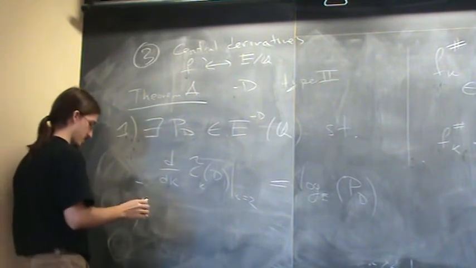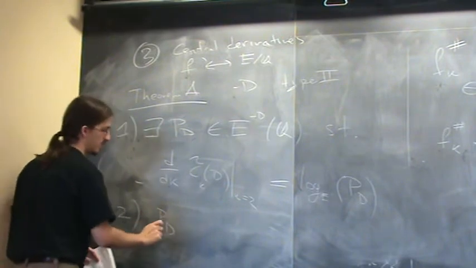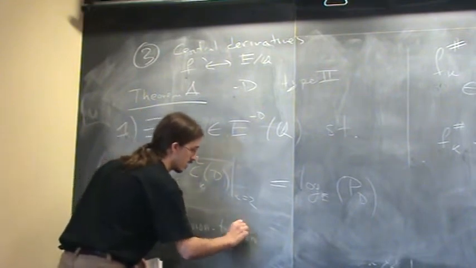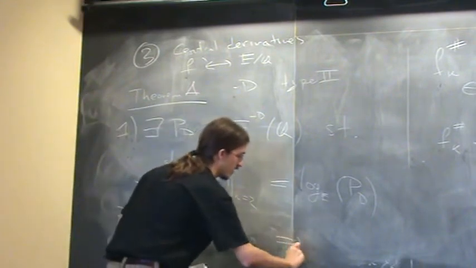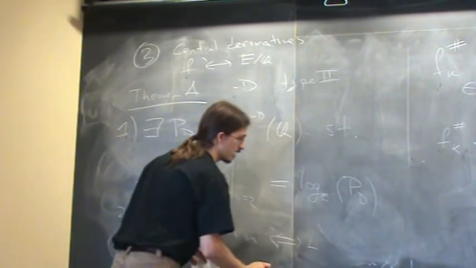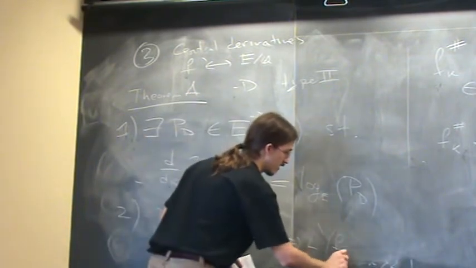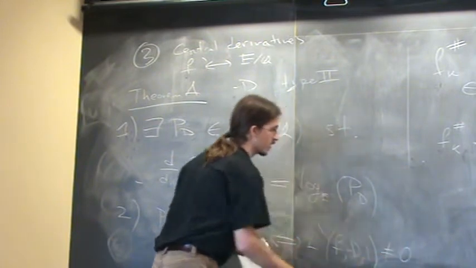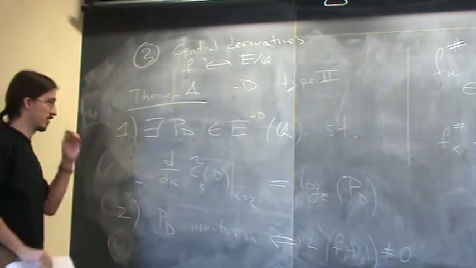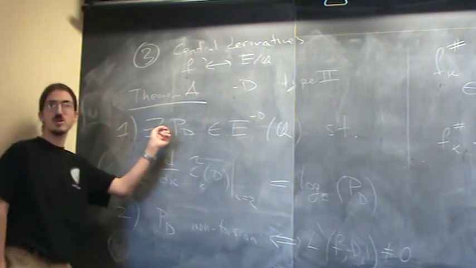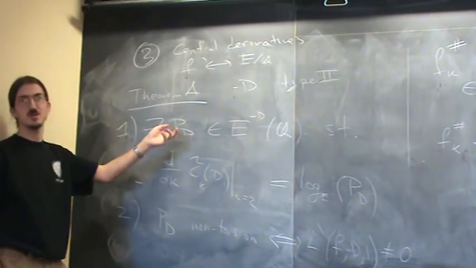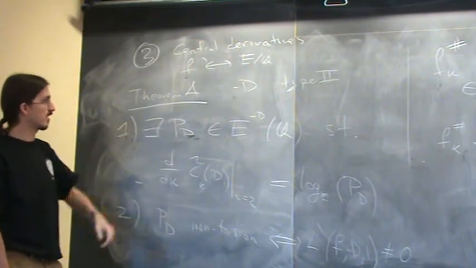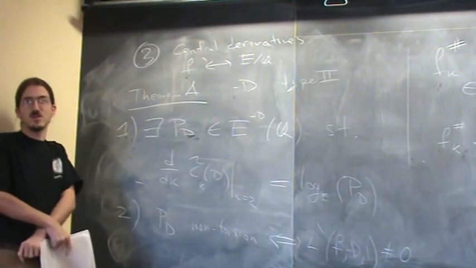In fact, P sub D is non-torsion if and only if L prime of minus D at 1 is nonzero. Of course, the way to actually prove this is to use Heegner points, classical Heegner points.